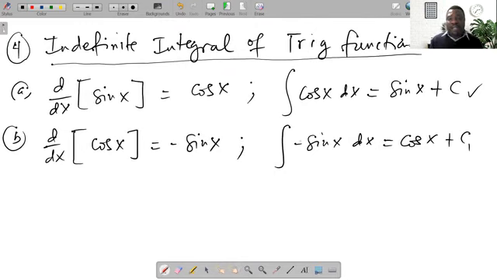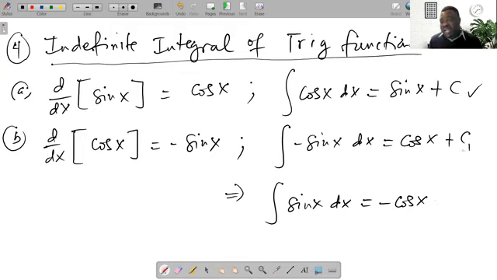Now you see that there's a negative here, or basically it is -1. So I can put a -1 out and then finally divide both sides by -1. That will change our right-hand side. So if I do that, the integral of sine x dx will give me negative cosine of x. This could be a negative c1, but it's still going to be a constant, so I will just maintain my plus c. And this is always true.